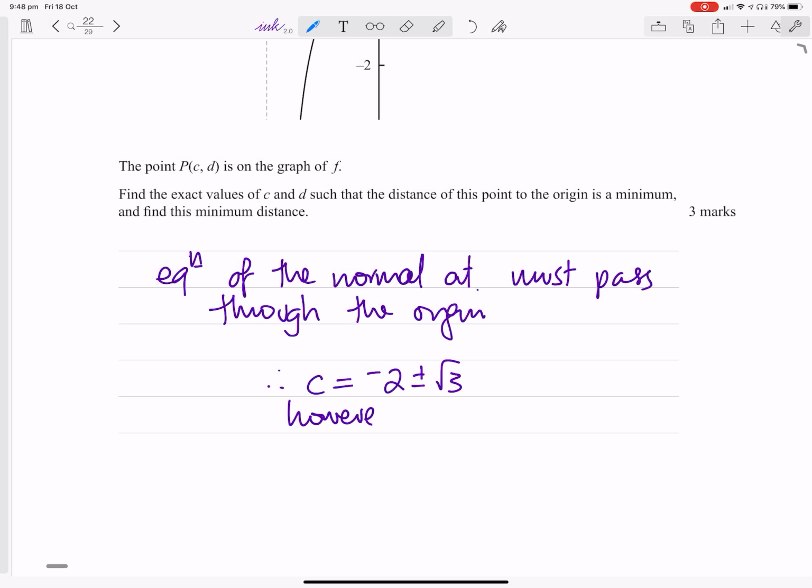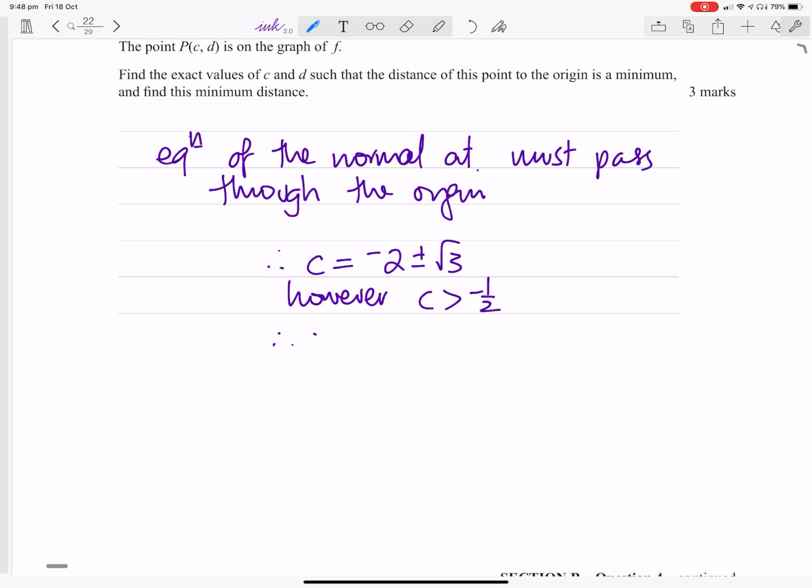However, c is greater than negative a half. Therefore, c is equal to root 3 minus 2.